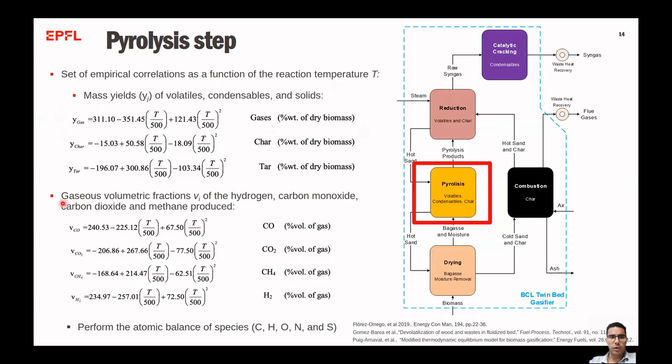In this case, we call it a gaseous volumetric fraction that we can also determine by empirical correlations. As you can see, it will provide the volumetric fraction of the carbon monoxide, the carbon dioxide, the methane, and the hydrogen that has been produced during the pyrolysis step, that, as you see, follows the drying process.